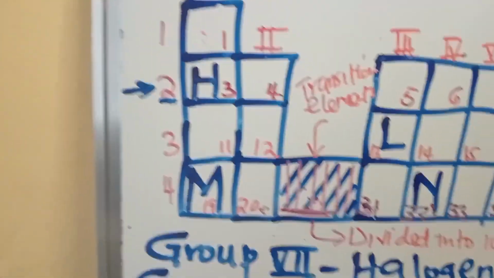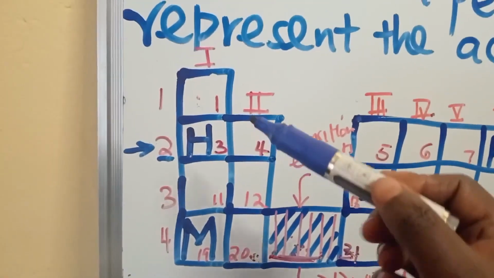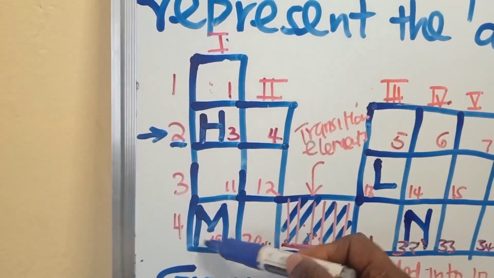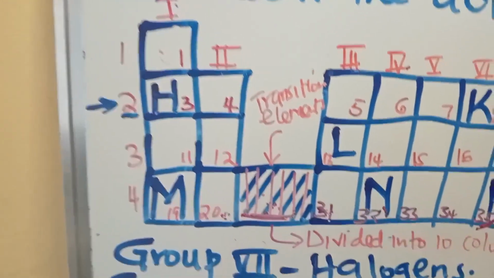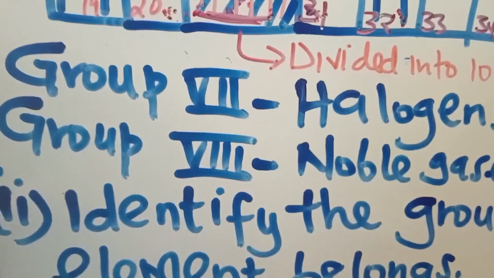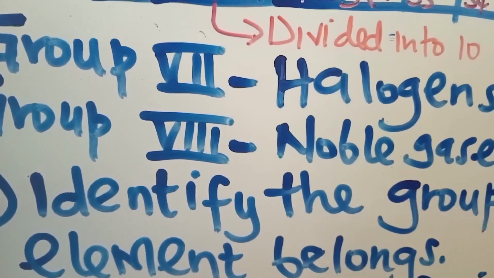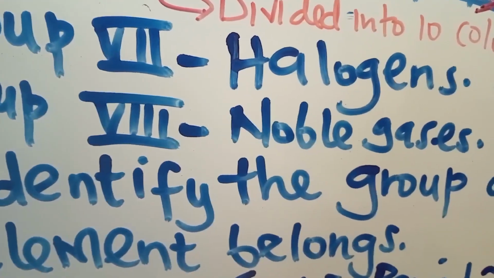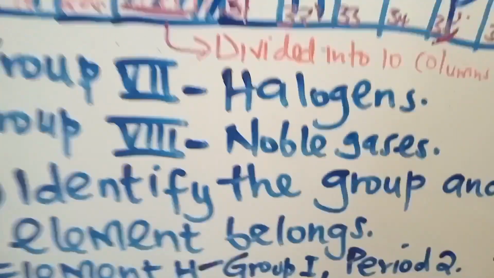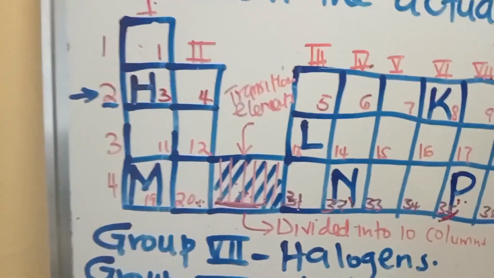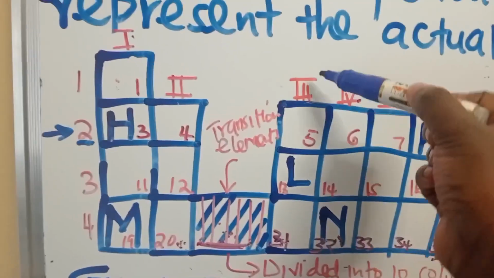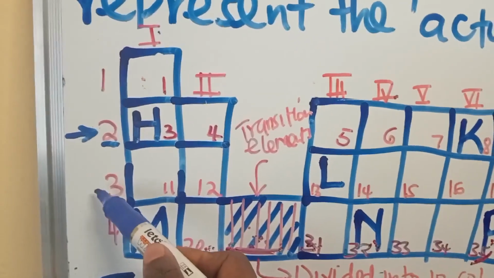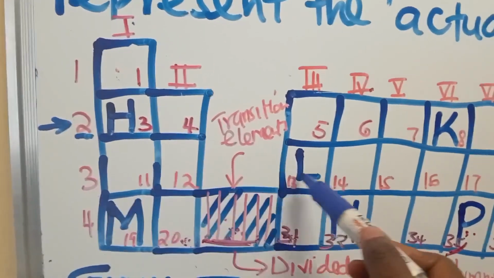Element M, I know by now you can do it. So here is group 1 for M and period 4. We go to L. Up here we have group 3, and then horizontally period 3.